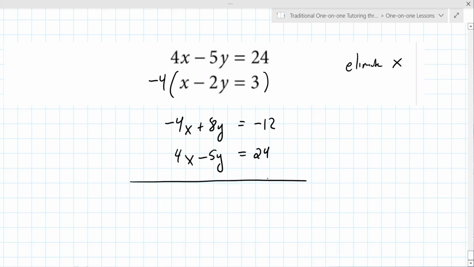So what I want you to do here is add the equations and solve for both x and y. When you add them, you'll be able to solve for y, but then you can go back to one of the original equations to solve for x, please.